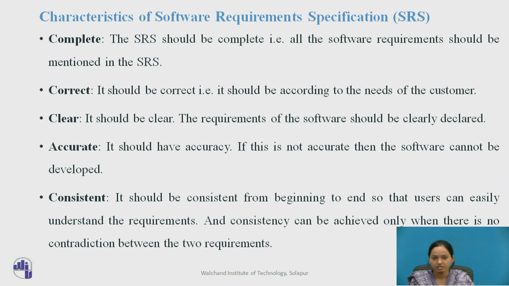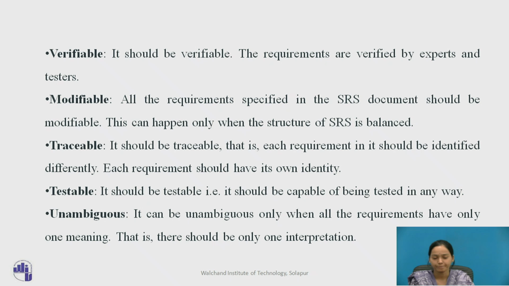Next is accurate. If it is not accurate, then the software cannot be developed. Last one is consistent, it should be consistent from beginning to end so that the user can easily understand the requirements. Consistency can be achieved only when there is no contradiction between two requirements.